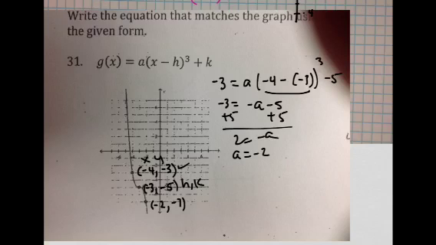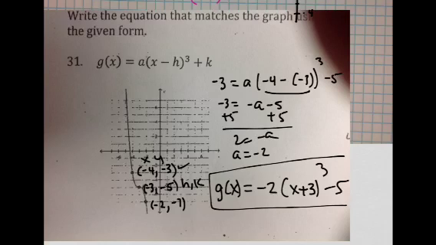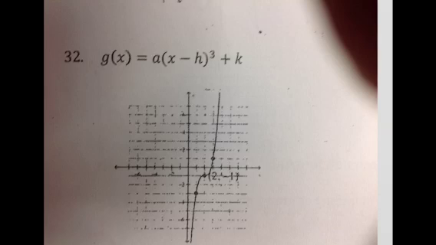So my function is going to be g of x equals -2 times the quantity of x plus 3 cubed minus 5. And this function is the one that we use to get this graph. Alright, so 2, -1 is the HK.